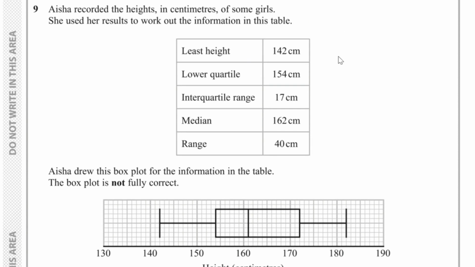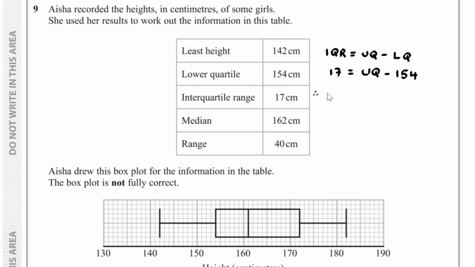Well, the interquartile range is equal to the upper quartile subtract the lower quartile. Interquartile range is 17. So we've got 17 equals upper quartile, we don't know what that is yet, subtract the lower quartile, which is 154.